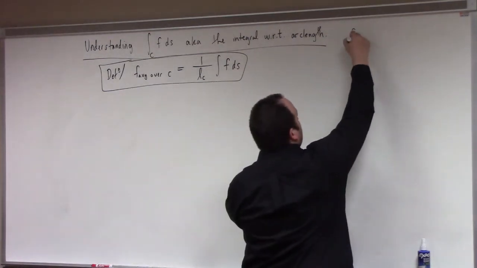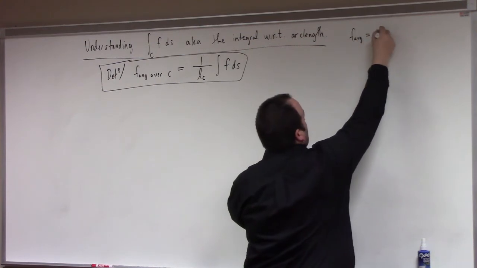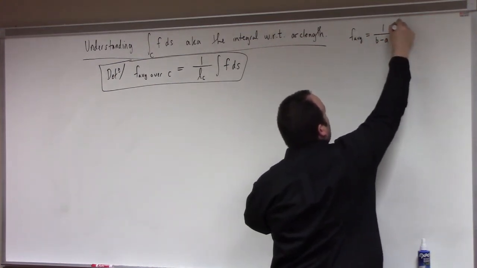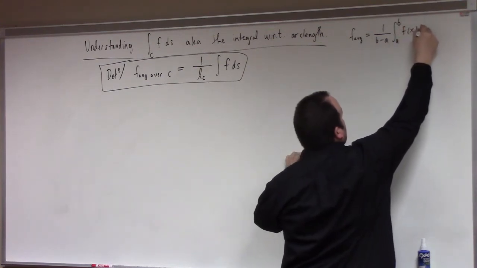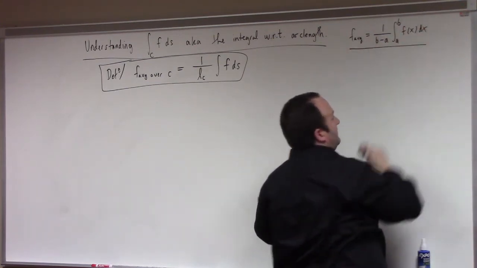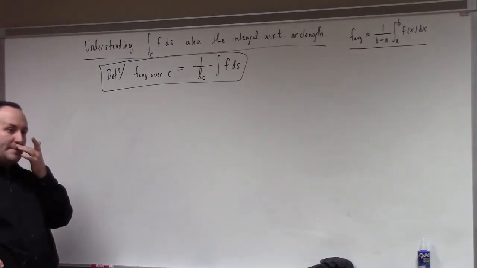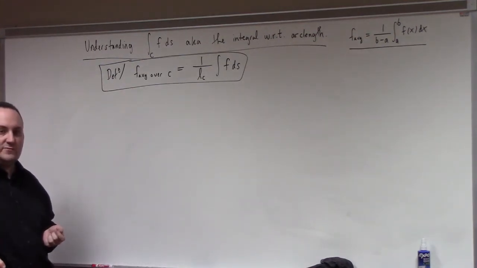Do you guys remember this one? Maybe you remember this, maybe you don't, I don't know. 1 over b minus a integral from a to b of f of x dx. Remember that? That was the average of a function from a to b. If you wanted to replace the area under the curve y equals f of x, you could replace it with a rectangle of height f average, from a to b, just the same.